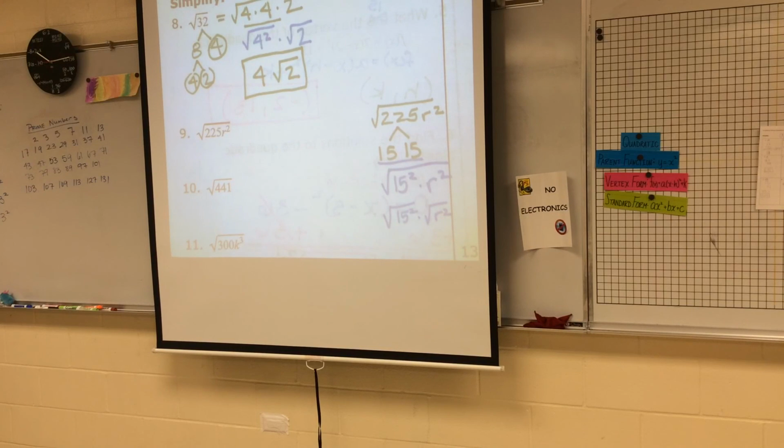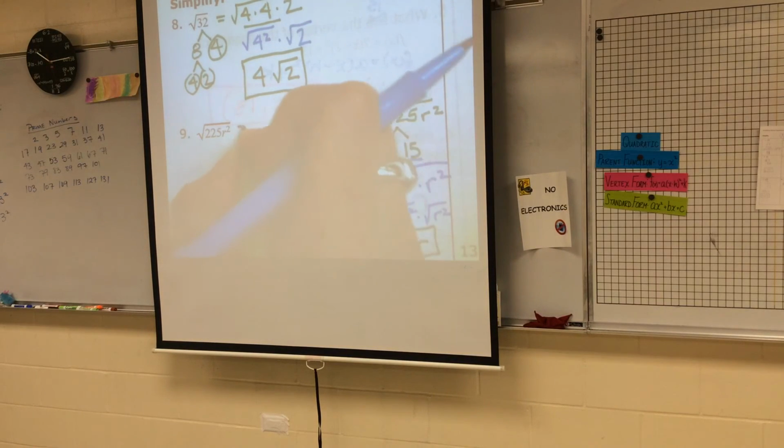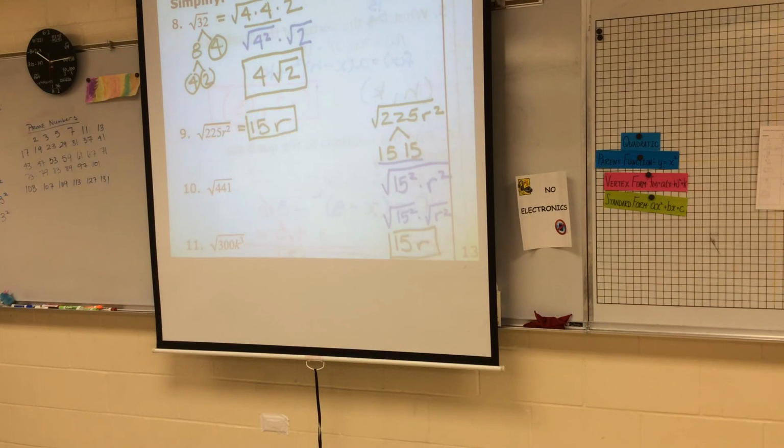What happens here when I have the square root of 15 squared? That simplifies to be 15. And the square root of r squared is r. So my answer is 15r. I put number 9 up here so that I know that's my work for number 9.